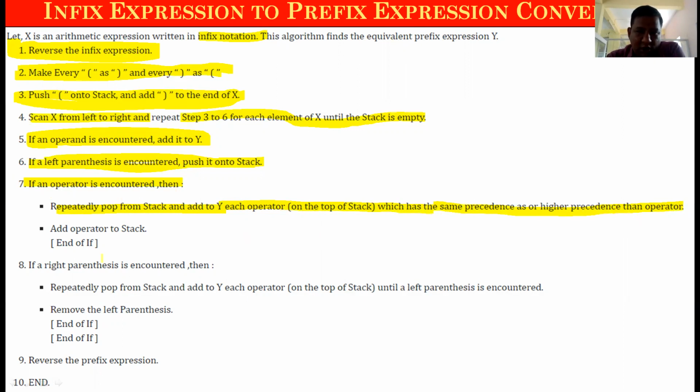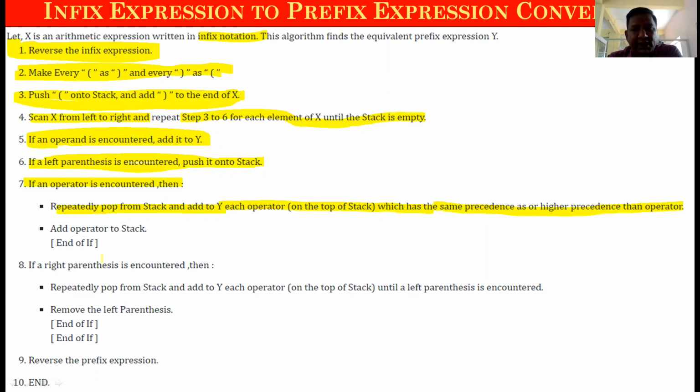Means you have to check the incoming operator's precedence against the operator on the top of the stack. If the operator on the top of the stack has higher precedence than the incoming operator, then you have to pop that operator from the top of the stack and add it to the equivalent prefix expression y.